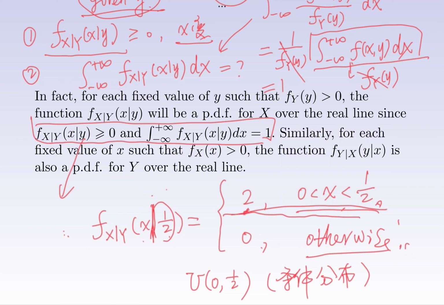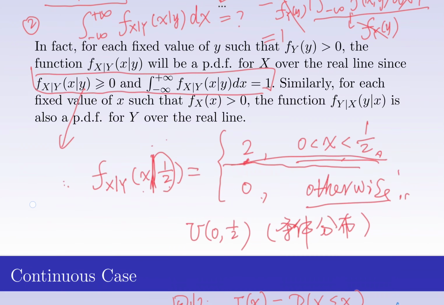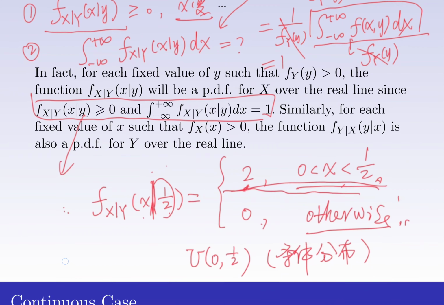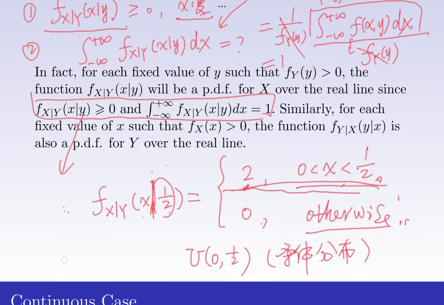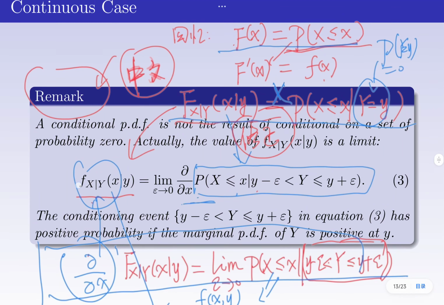Probability, not, I mix up the probability and the density. Nice try. So when there is a value of this, it must also be a uniform distribution.